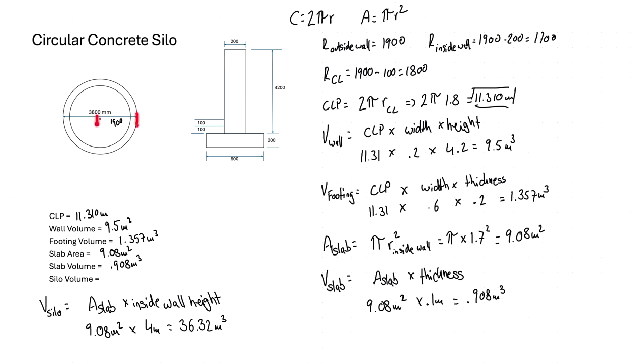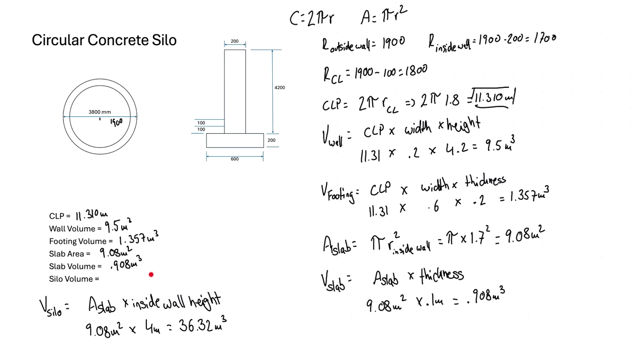Then we need to find out our inside wall radius for everything relating to slab and inside of silo volume. And then we also need our radius for the center line, the CLP, which runs down the center of our whole wall construction, because that's what we're going to use to calculate our volumes for the wall and the footing, just like in any other concrete math.